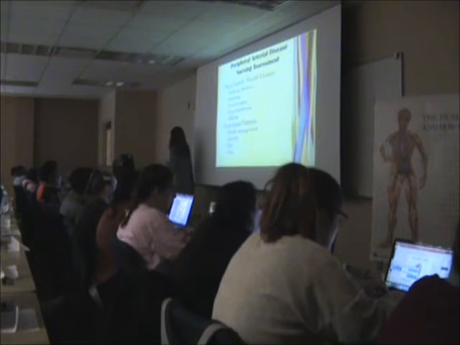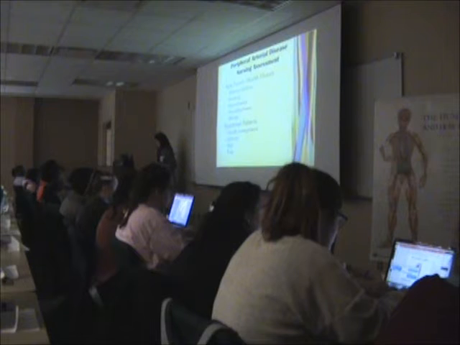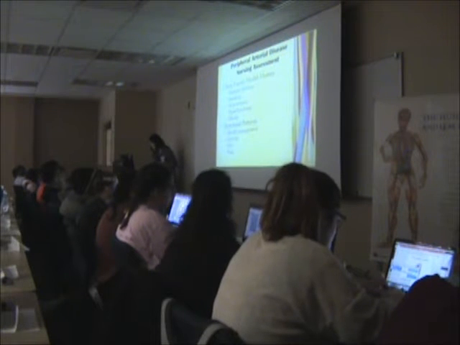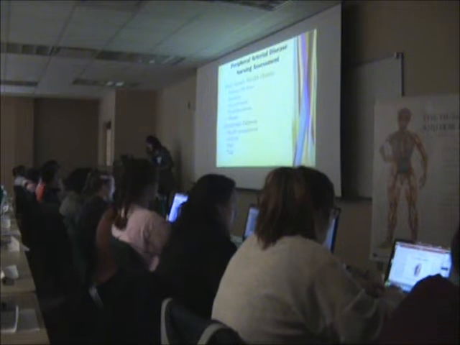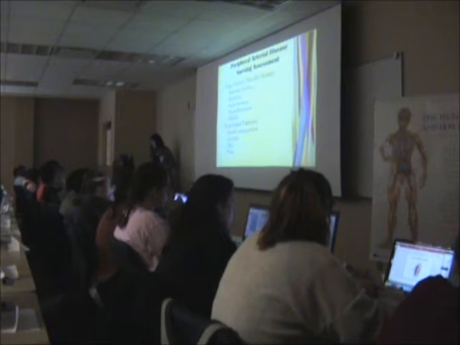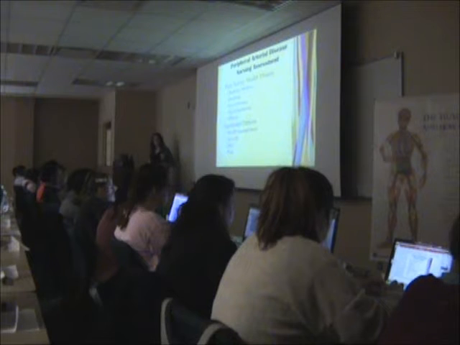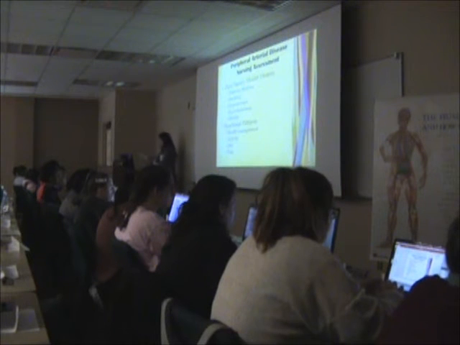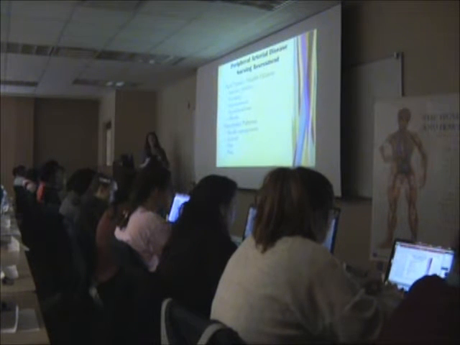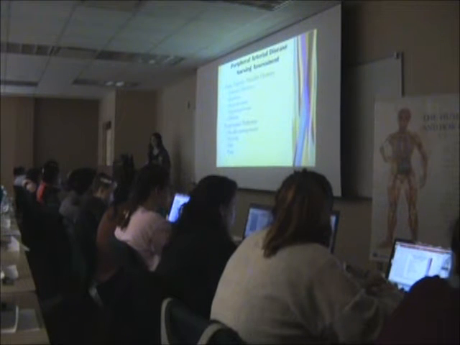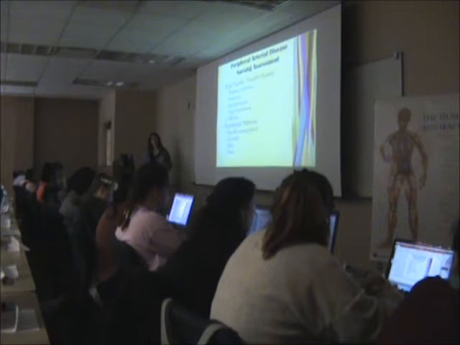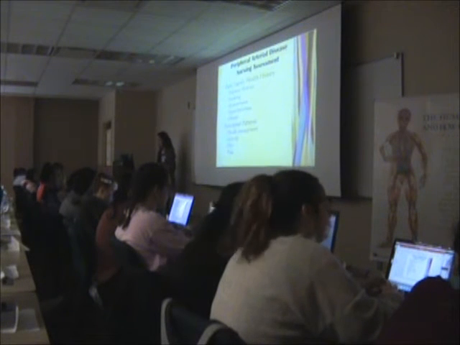Let's see how much more we have. So nursing assessment, I think we're pretty close to the end of the arterial disease. Some nursing subjective information that you're going to gather is going to be like, we're going to find out if they have any past or present history of diabetes, or do they smoke, do they have hypertension, high cholesterol, or are they obese.